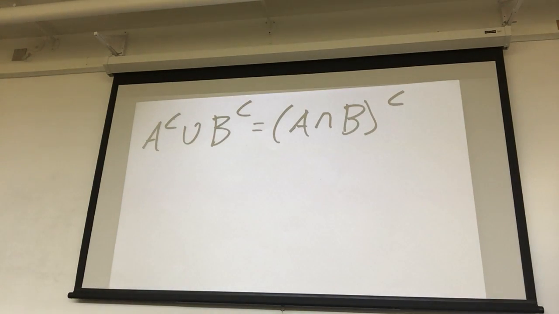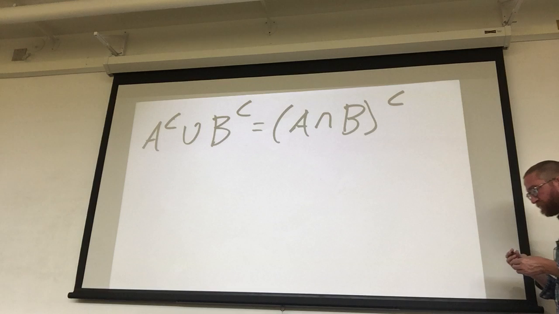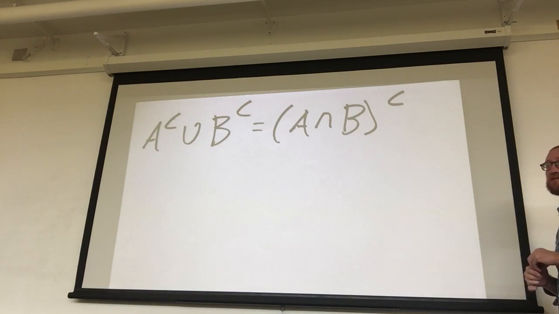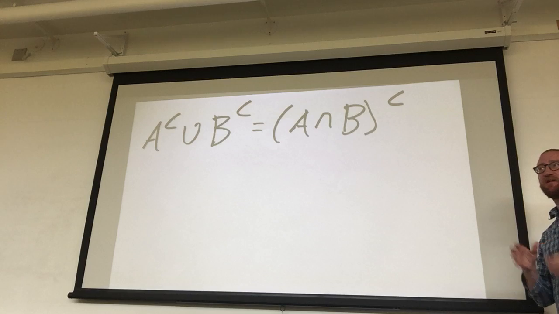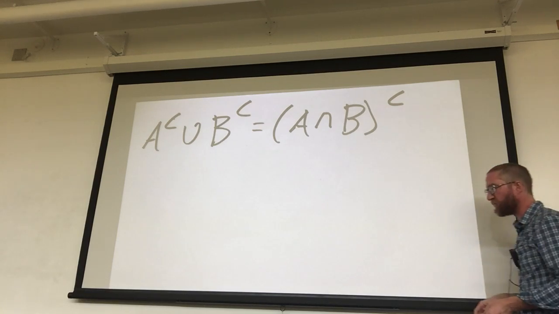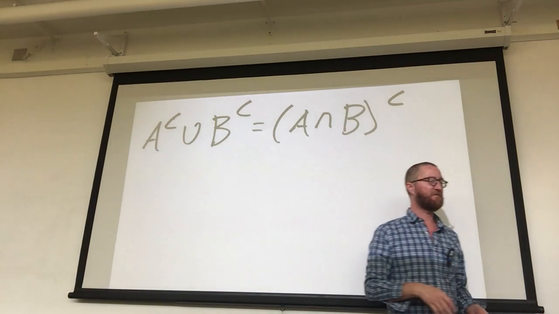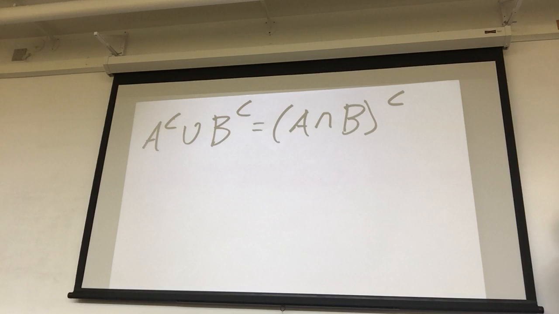Okay. Now, sometimes this is referred to as De Morgan's Law, but actually they name multiple theorems De Morgan's Law, so it loses some meaning. Let's try to figure out what is meant by this statement.